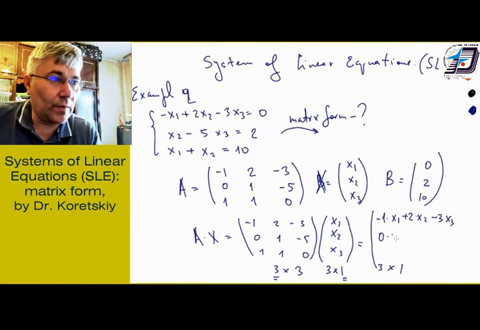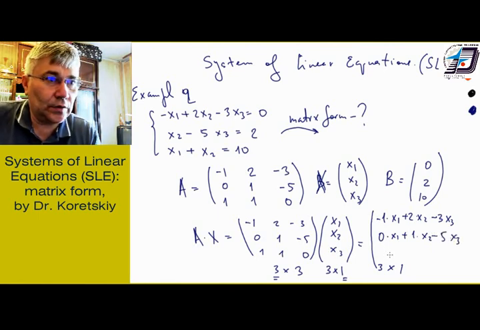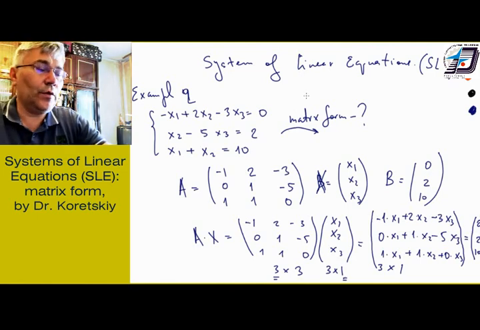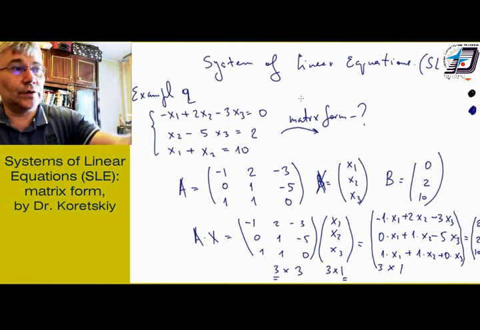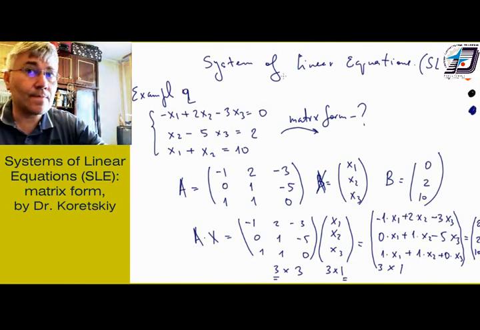Next element, 0 times x1 plus 1 times x2 minus 5 times x3. And the last one, 1 times x1 plus 1 times x2 plus 0 times x3. All of this equals 0, 2, 10. You can notice that we have exactly the same equalities as the given system of equations.